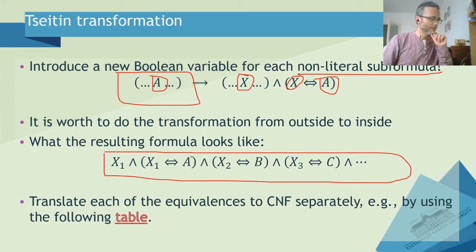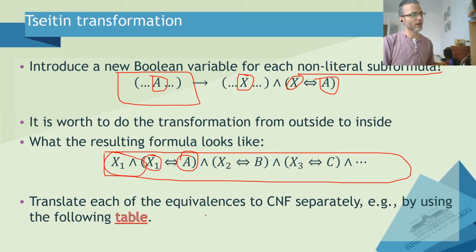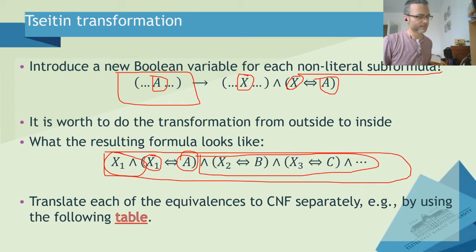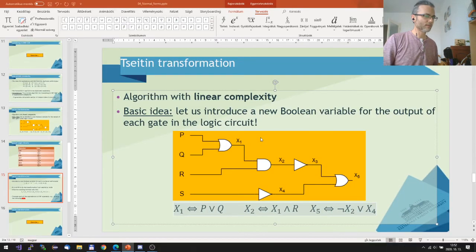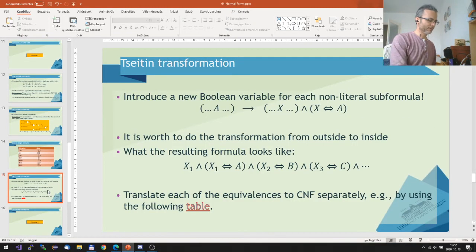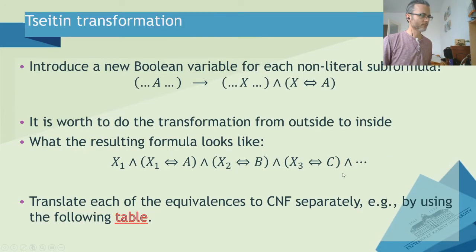You take your entire formula A, you substitute it with x1, therefore in front I'm going to conjunct x1 to those equivalences, and the rest of the formula consists of a huge number of equivalences. I would like to draw your attention that this formula looks quite nice already, because we have only conjunctions here.